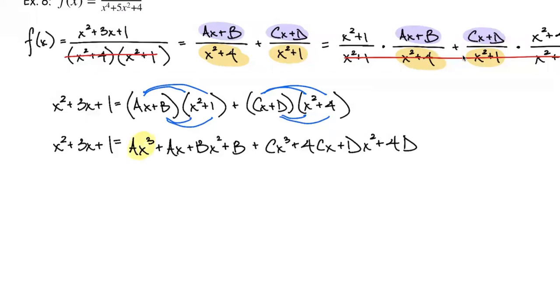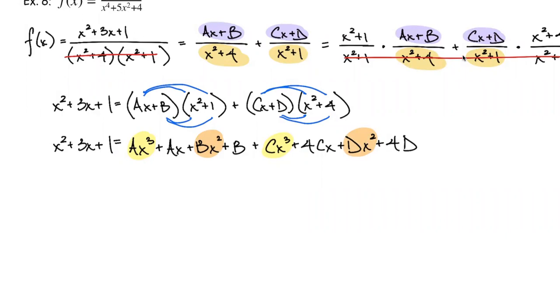So if I highlight this term, ax cubed, what else should I highlight? Cx cubed. Perfect. Anything else that I want to highlight in yellow? I don't think so. I don't think there's any other cube terms. What about if I highlight bx squared? What else should I highlight? Perfect. Dx squared.